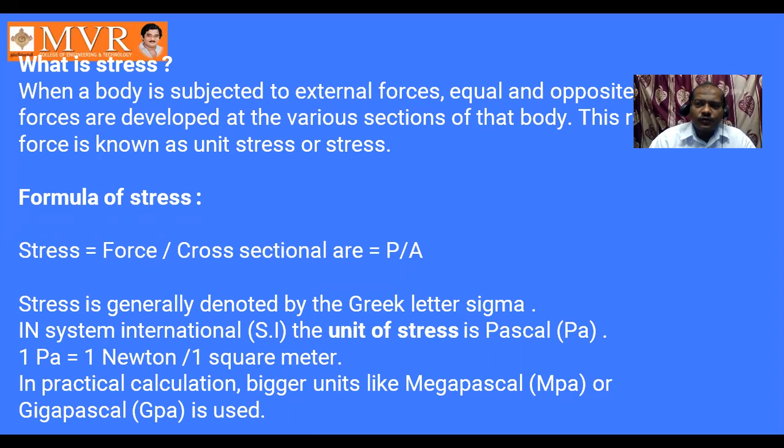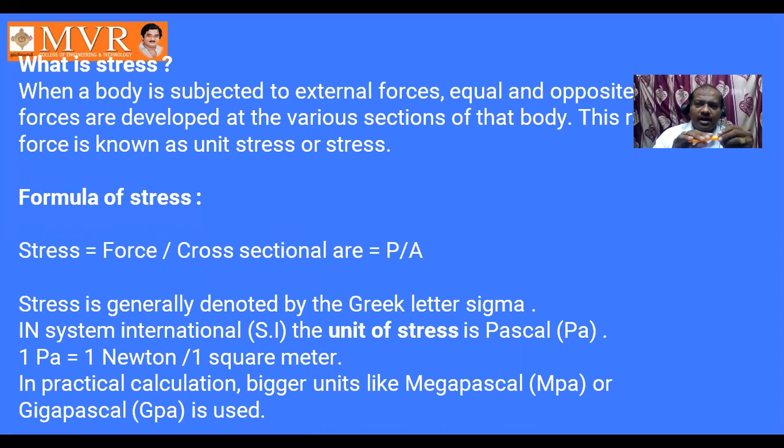In how many ways can force be applied? Force can be applied in different ways. For example, if two forces are acting on an object in opposite directions away from each other, that is called a tensile stress. If forces are acting one against each other on the same object, that is called compressive stress.